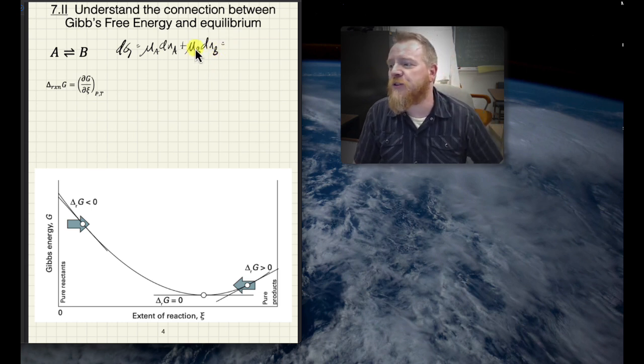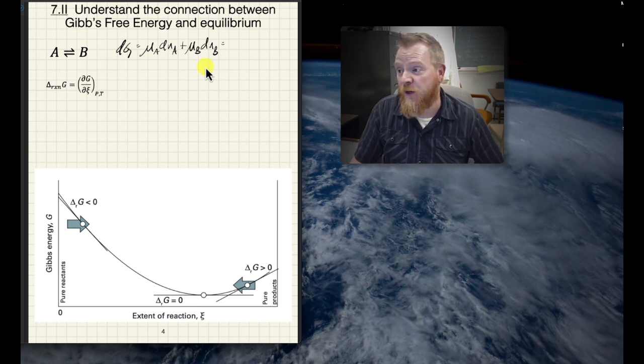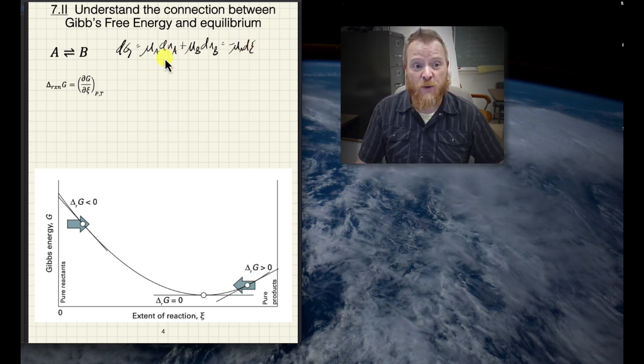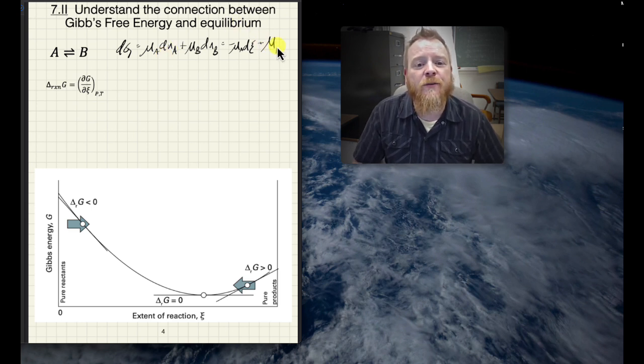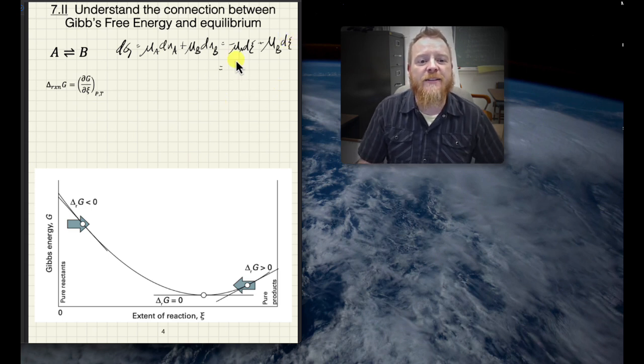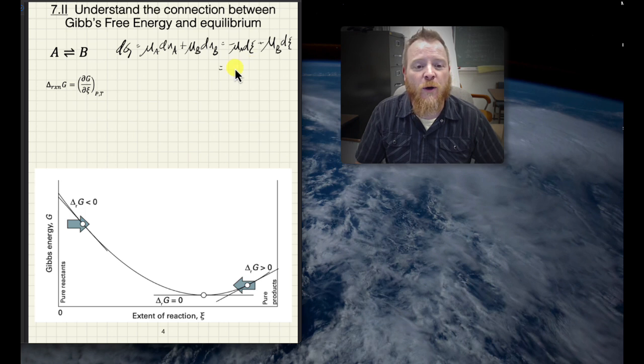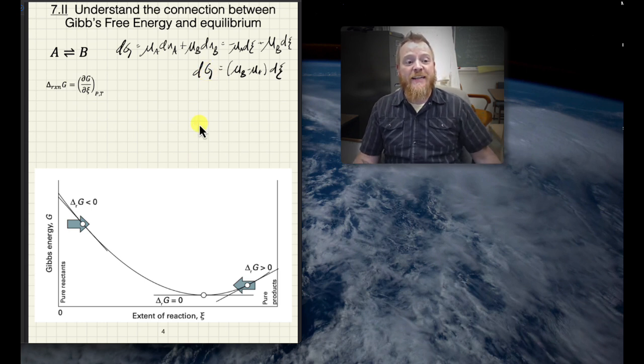And now, using this extent of reaction quantity that we just discussed, we recognize that this becomes negative mu A times the quantity dξ, which was the quantity dN_A, plus positive mu B times the quantity dξ. Because the extent of reaction is the same for both of those, I can collect like terms, and just rearranging algebraically, this becomes mu B minus mu A times that quantity dξ. So all of that equals dG.